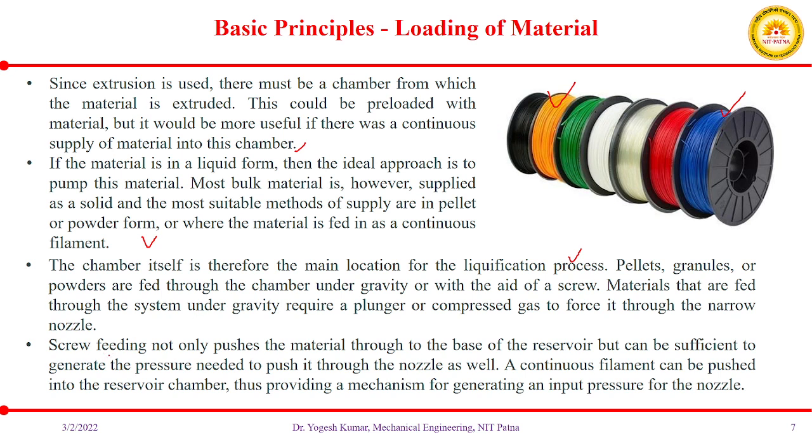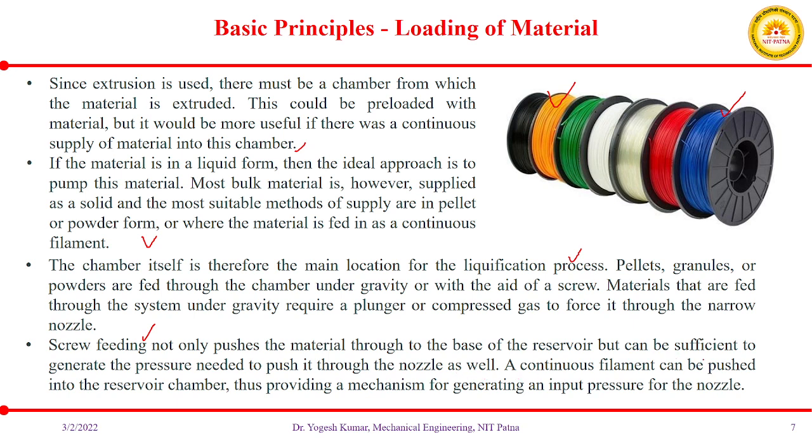Okay, screw feeding not only pushes the material. This is the advantage of screw feeding, because the material has to come out at a constant speed from the nozzle. So screw feeding not only pushes the material through the base of the reservoir, but can be sufficient to generate the pressure needed to push it through the nozzle as well.